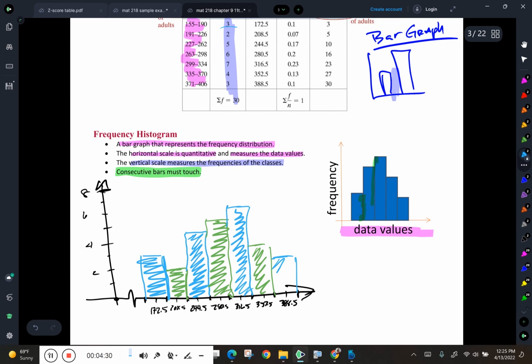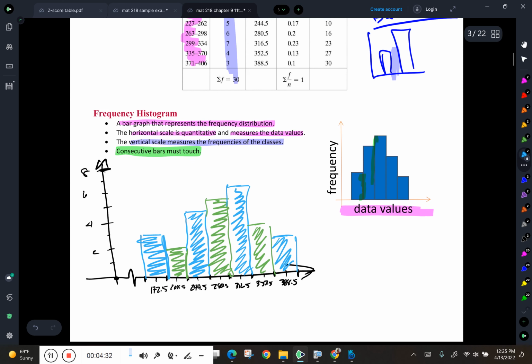Now I'm not quite done with this thing yet. I still have to label it. Down here, this is the money spent on prescription medication out of pocket.